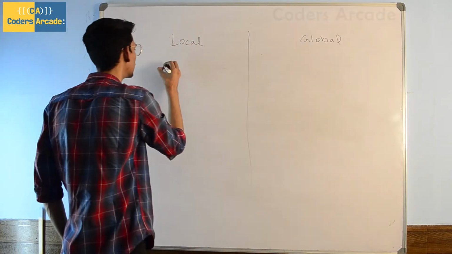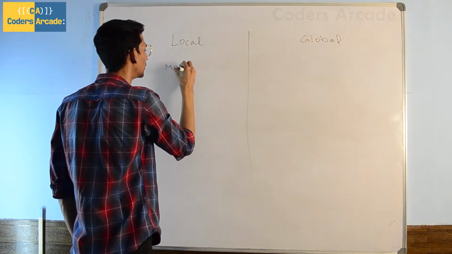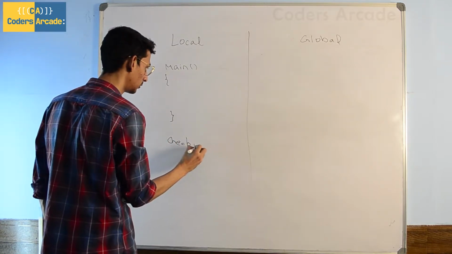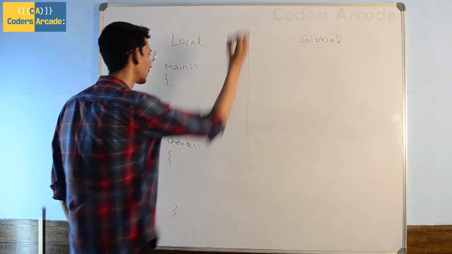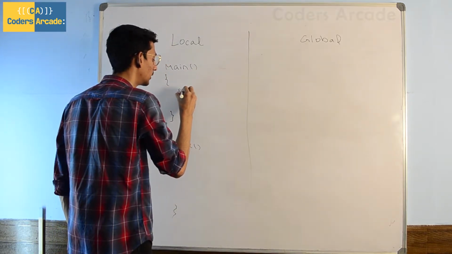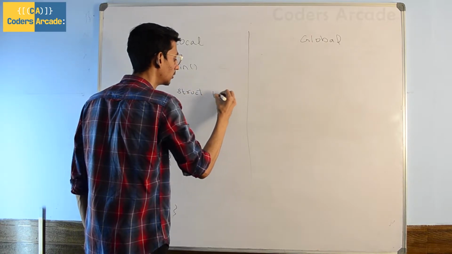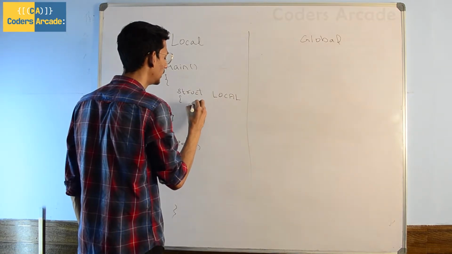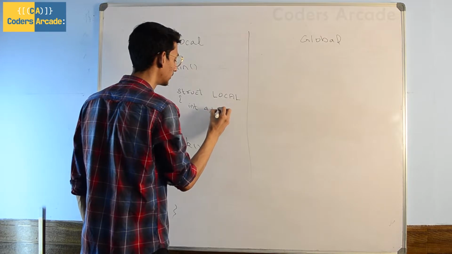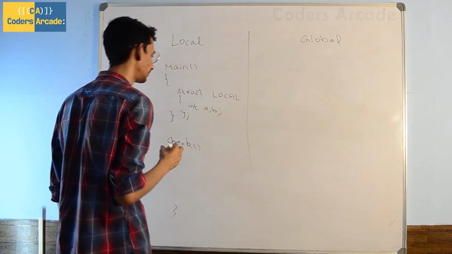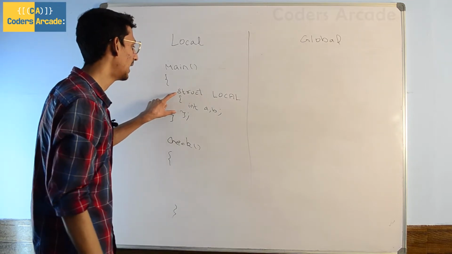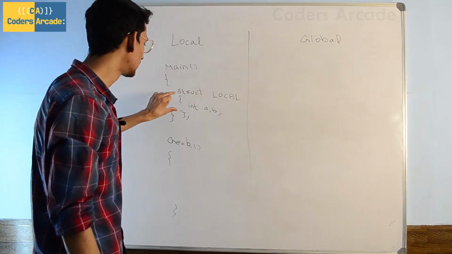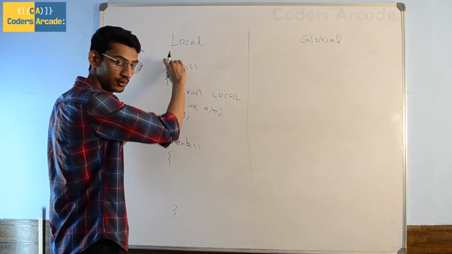For example, this is our main function, and this is our check function, maybe. If we create a structure inside our main function, and let's give only two variables, int a and b, this structure we have defined inside a function or a method. So it can't be accessed outside this function.